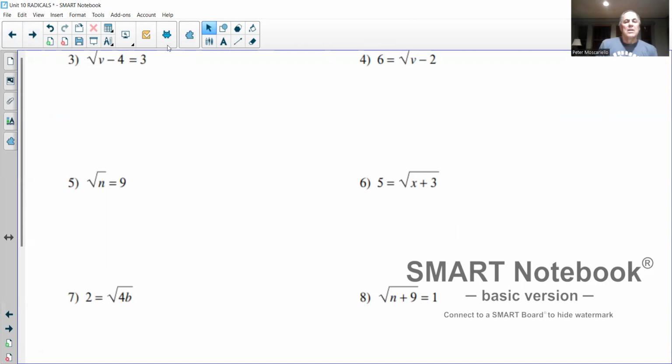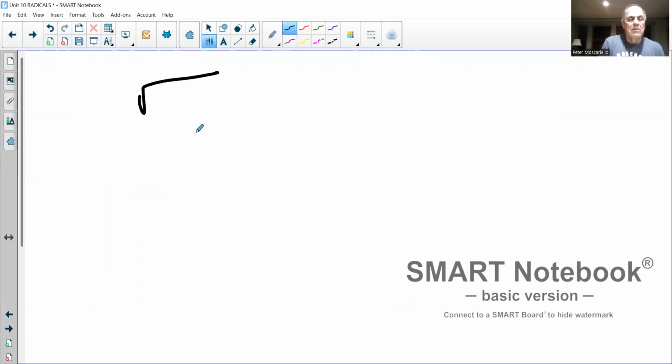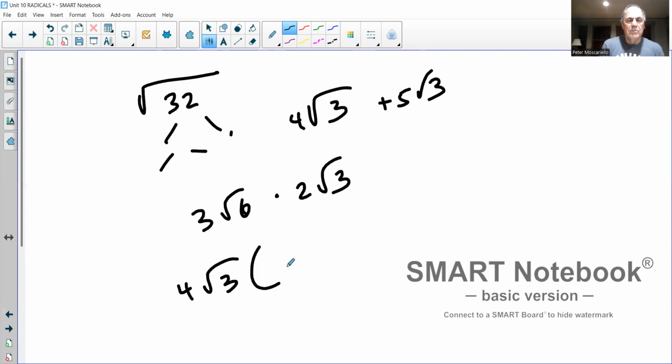Okay, so what is this all about? Solving radical equations. Well, what we've done with radicals, square roots: we simplified them, with the sock drawer. We've added them. We've multiplied them. We've distributed them.